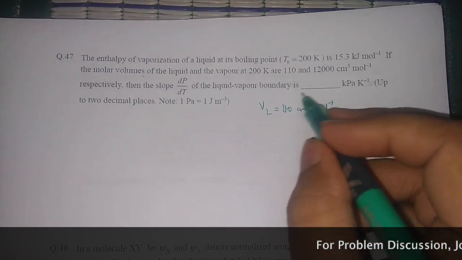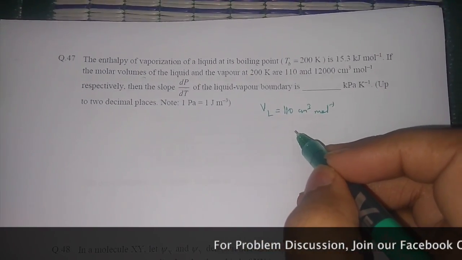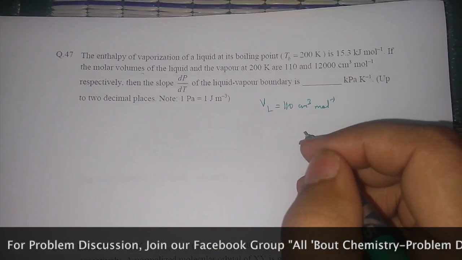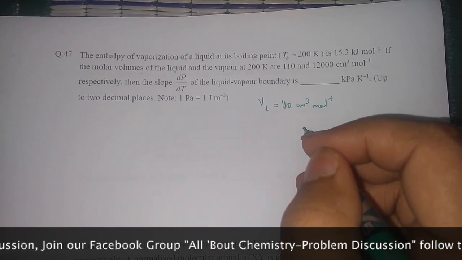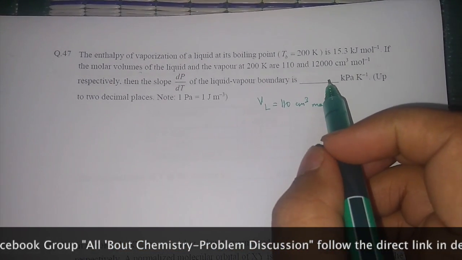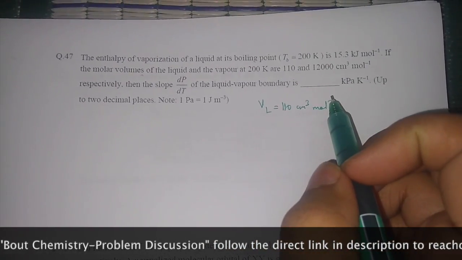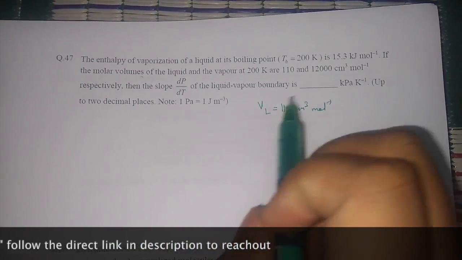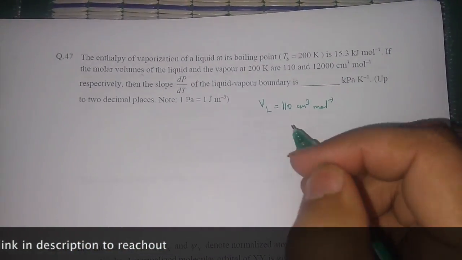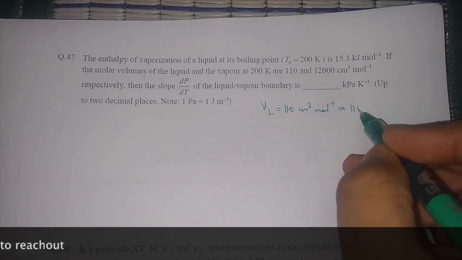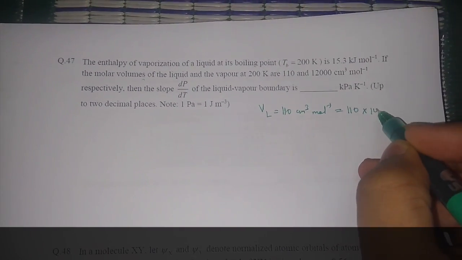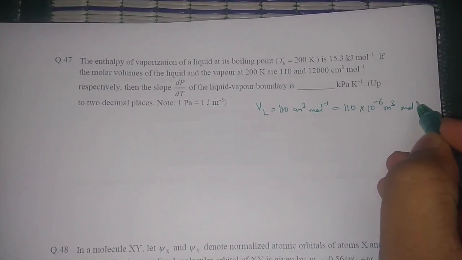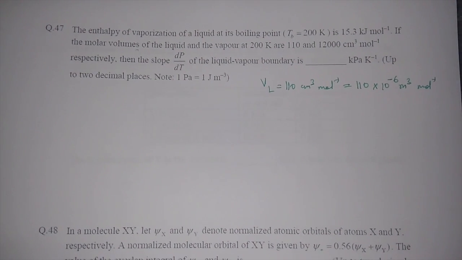First you have to convert this into meter cube per mole, because the things are in MKS units. You are taking joule per Kelvin and the enthalpy is in kilojoule, so you have to convert this. It will come out to be 110 into 10 to the power minus 6 meter cube per mole.